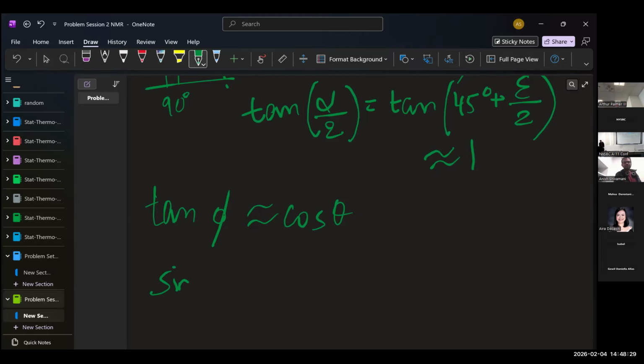So sine phi and tan phi for small angles can be approximated as just the angle itself.